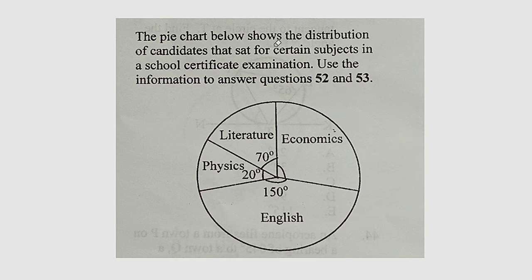The pie chart below shows the distribution of candidates that sat for certain subjects in a school certificate examination. Use the information to answer question 52 and question 53. You can see the pie chart here. It represents certain subjects.